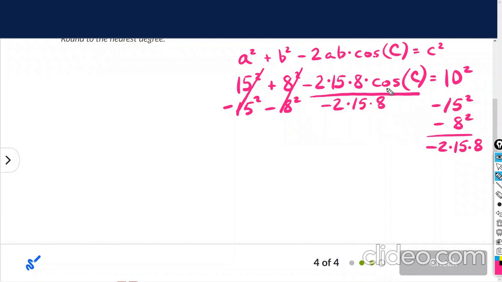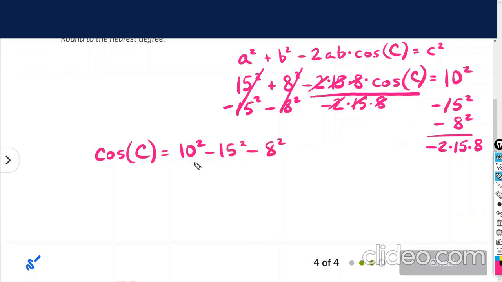These are all multiplied, so these will all cancel on the left. And I'm left with cosine of the angle C, and that equals this mess right here: 10 squared minus 15 squared minus 8 squared, divided by -2 times 15 times 8.